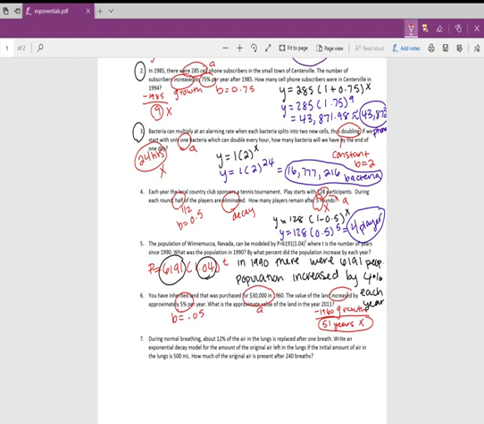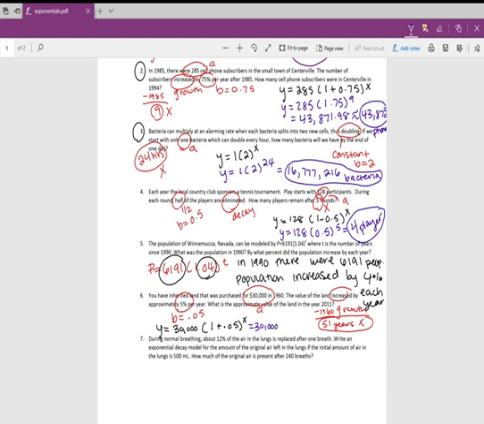Now we're going to write our equation. And since this is a growth, remember inside the parentheses should be 1 plus. So y is equal to our A value, which is 30,000, parentheses 1 plus 0.05, to the power of x. Now we plug in 51 for x to see what we get.